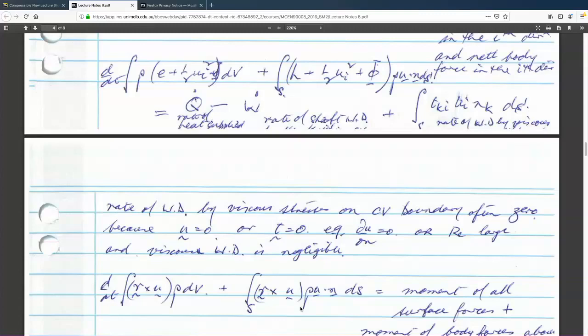So tau yx times ny is obviously in this direction. Now, on the surface, right here, u equals naught, ux equals naught. And so there's no work done by the viscous stress on the boundary. Right? So that's what it's all about.